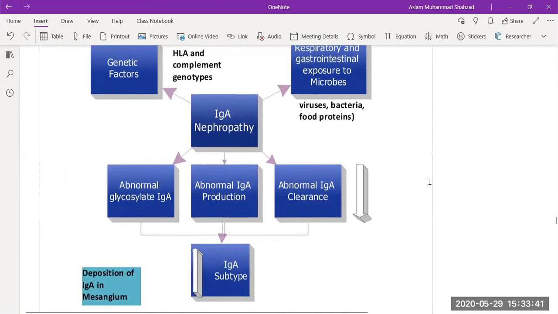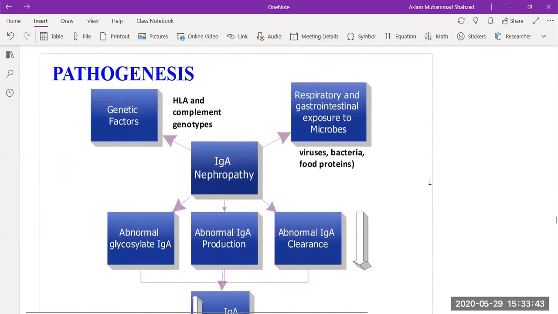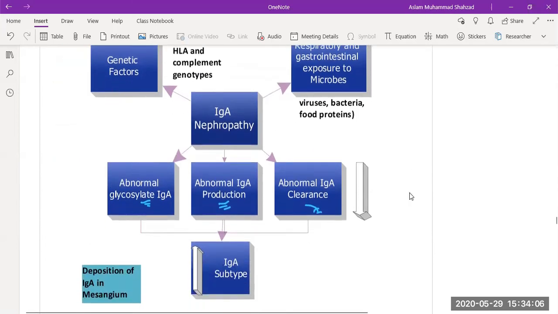When we take a look at the pathogenesis, it involves genetic factors responsible for IgA nephropathy, involving abnormal IgA levels, known as glycosylated IgA, abnormal production of IgA, and abnormal clearance of IgA, which involve an increase of the IgA subtype. So the main thing in IgA nephropathy is the increase of IgA caused by either abnormal production of IgA, abnormal clearance of IgA, or abnormal production of glycosylated IgA.